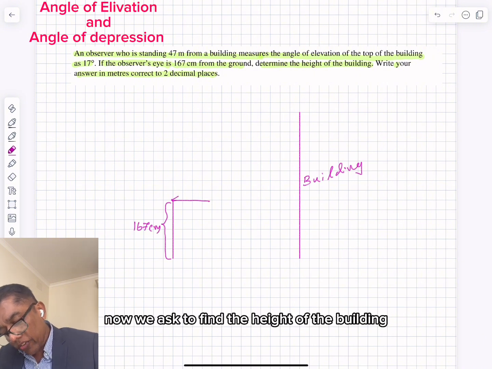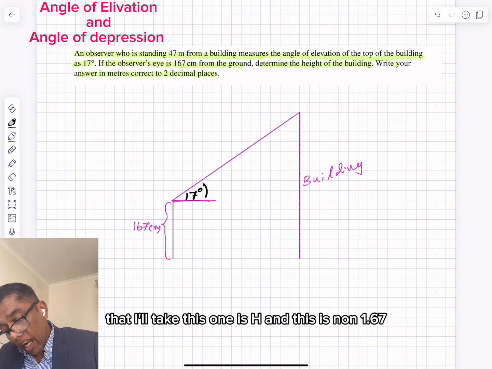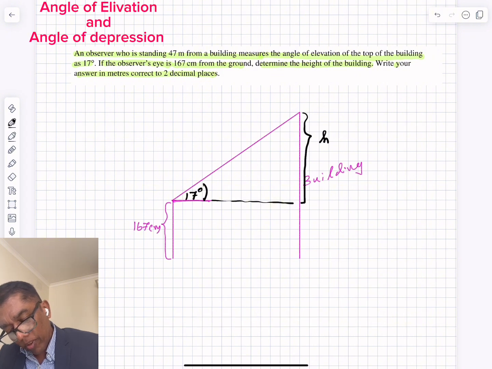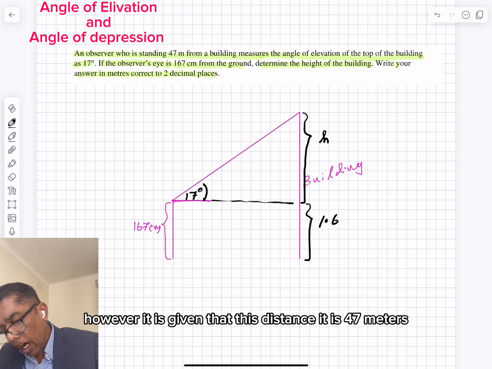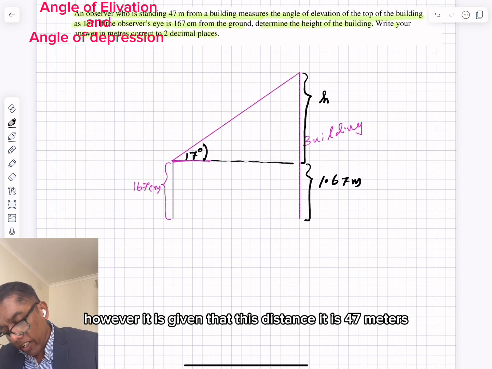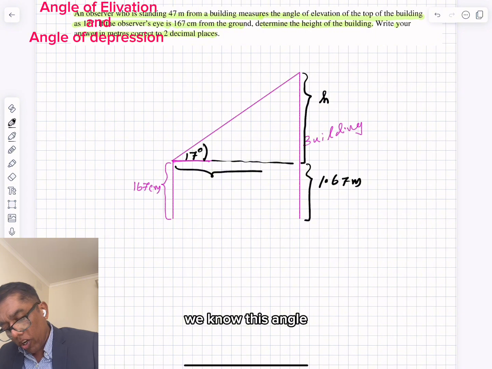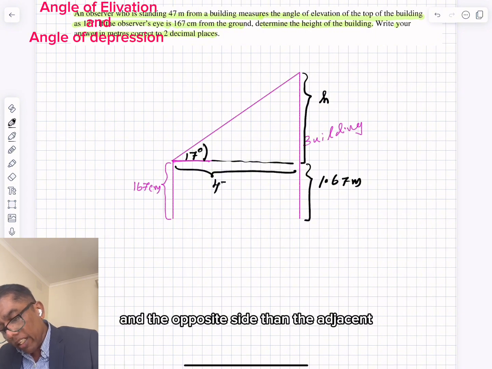Now we are asked to find the height of the building. I'll take this one as h, and this is known, 1.67 meters. However, it is given that this distance is 47 meters. We know this angle, the opposite side and the adjacent.